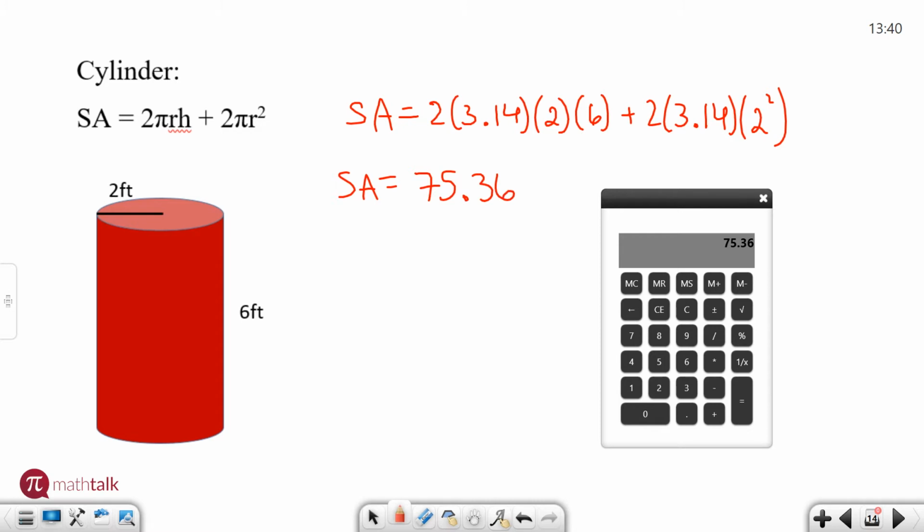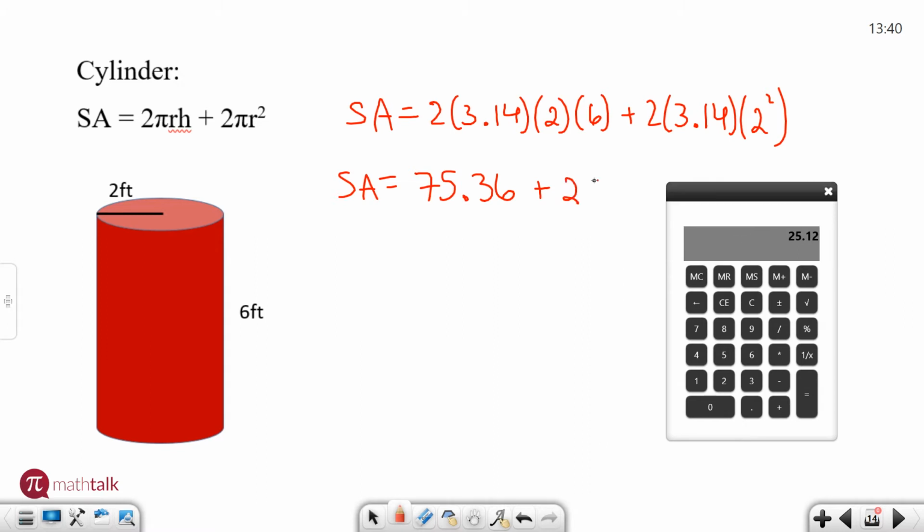Now the next part: plus 2 times 3.14 times 2 squared, which is 4, gives 25.12. Perfect. Now I need to add these two together, and that would be 100.48.